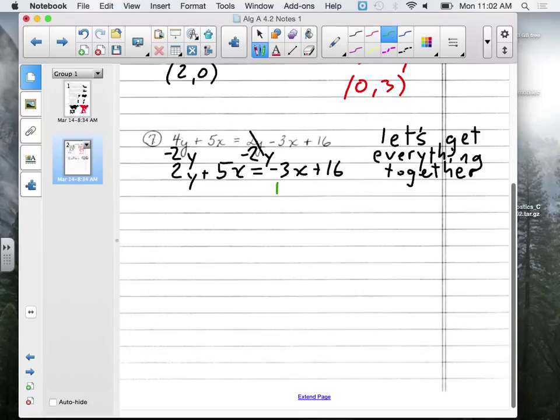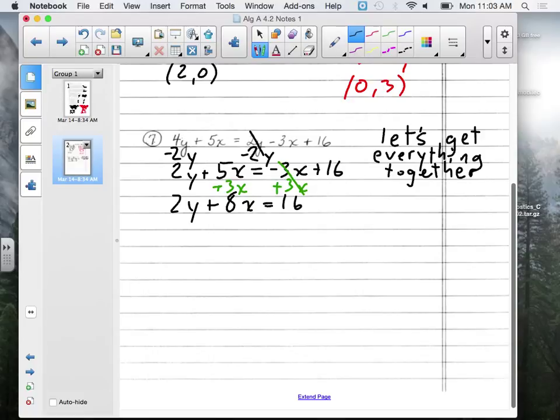Okay, so we add 3x to both sides. All right, so 5x plus 3x is 8x. 8x plus 8x. All right. So we got all the x's and y's together.